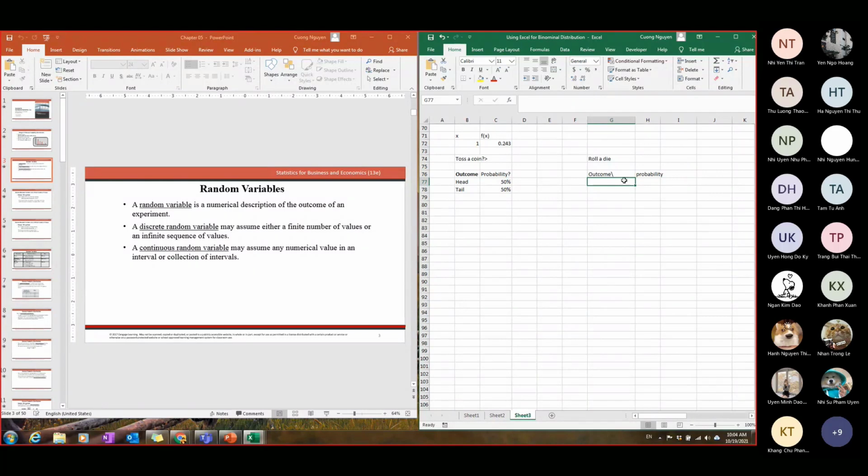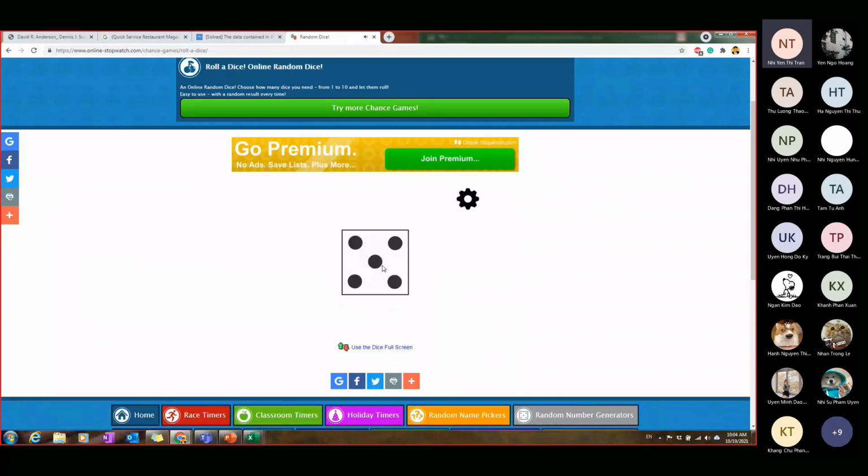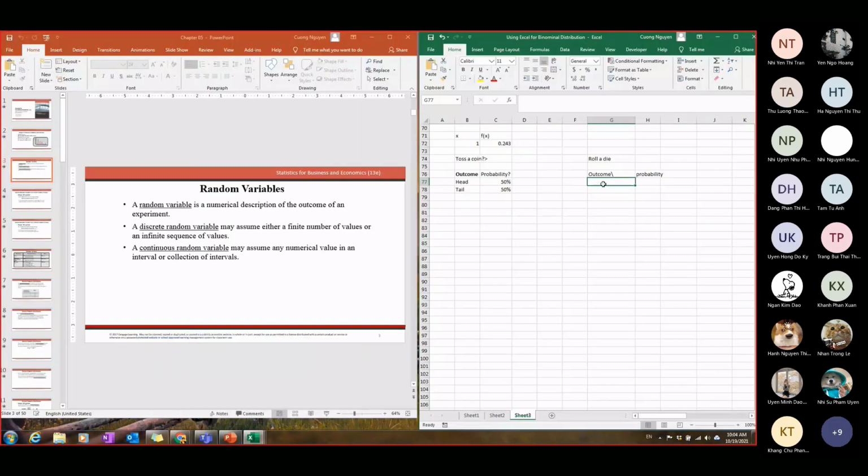So what will be the outcome we can have for rolling a die? A number. Yeah, the number, but what will be the result? Over here I have 5, right? And this one will be 6. So what are all the possible outcomes we can have? Yeah, from 1 to 6. That's right. Sometimes we can roll a 1, sometimes it'll be 2, sometimes 3, 4, 5, and 6.